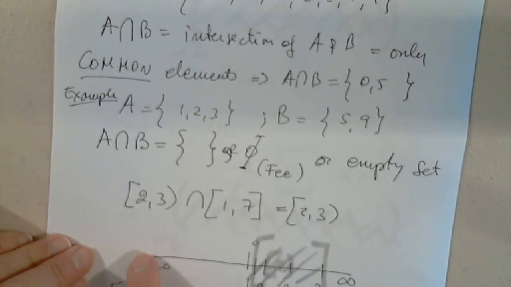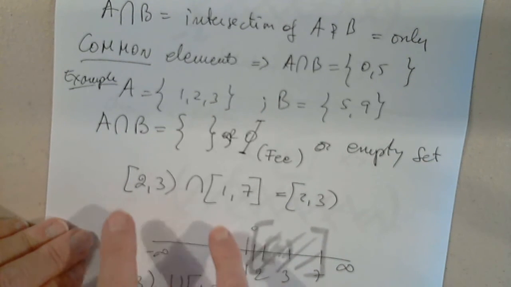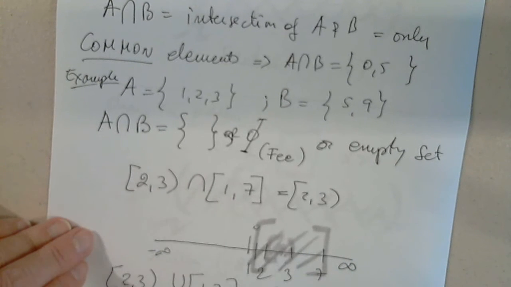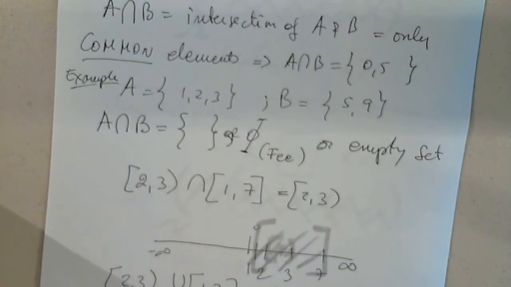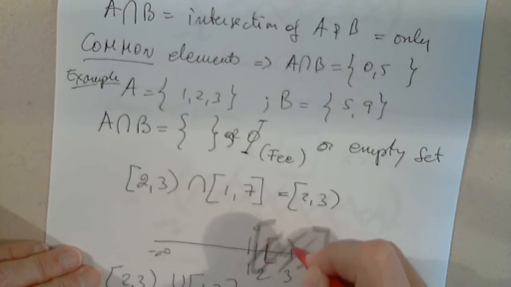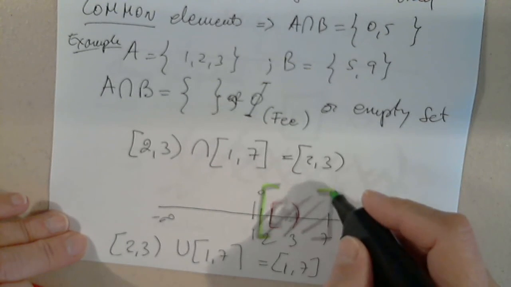Now, here I picked two intervals. The first interval goes from 2 to 3. So this is the first interval. And the second interval is between 1 and 7. So this is the second interval.